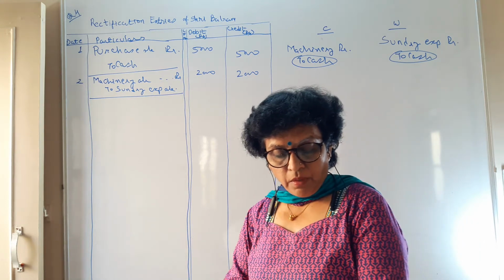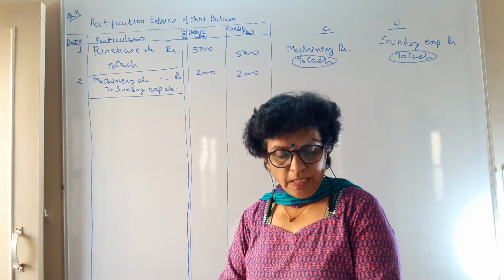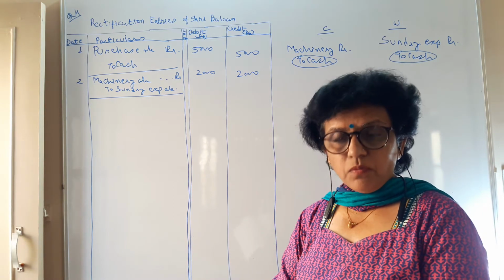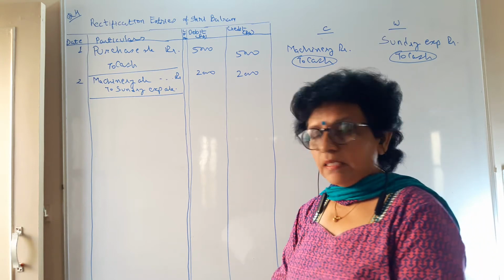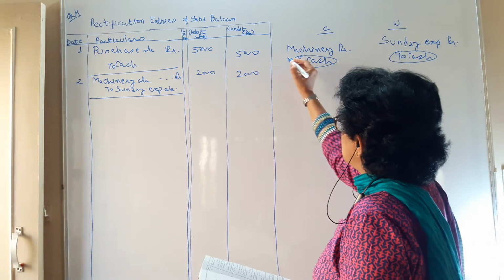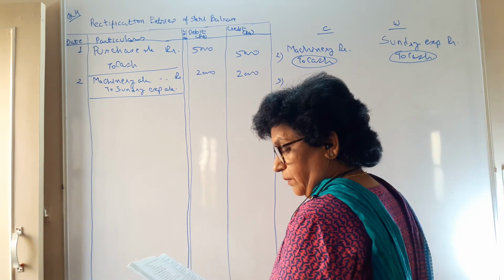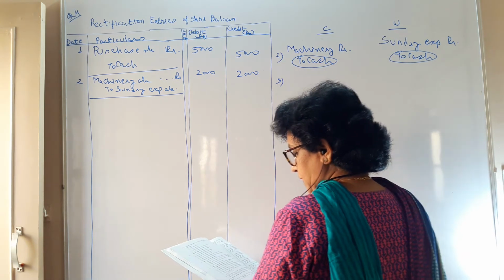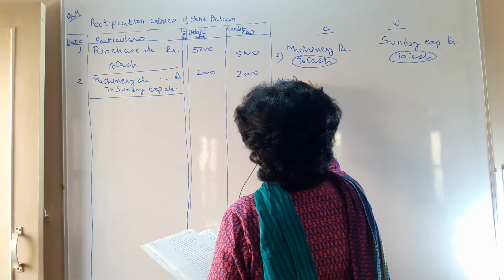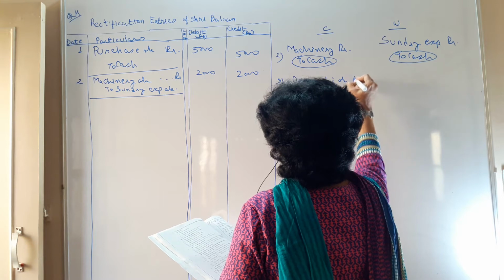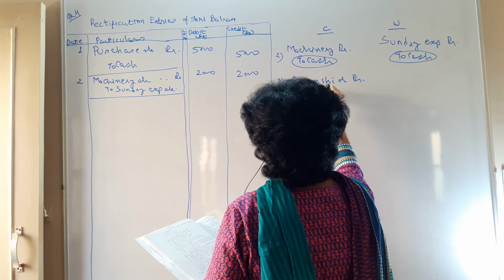Number 3, rupees 2400 paid to Devanshi is recorded to the current account by mistake. So again here the same type of procedure you have to do. The correct entry is that you have paid to Devanshi, so Devanshi is the receiver. Devanshi account debit to cash.